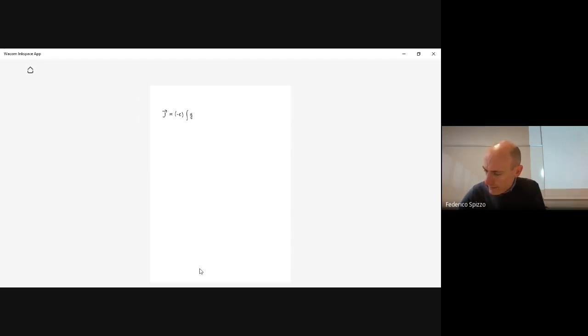Then we have g of e, that is the density of levels per unit energy. Then we will have f of e, that is the distribution function, the out of equilibrium distribution function.